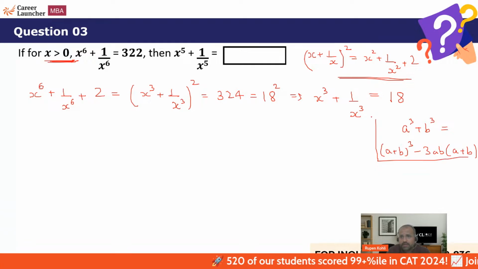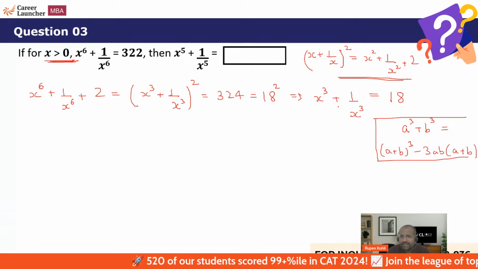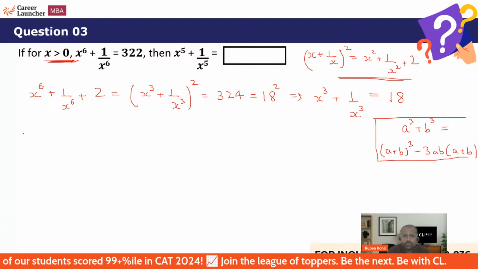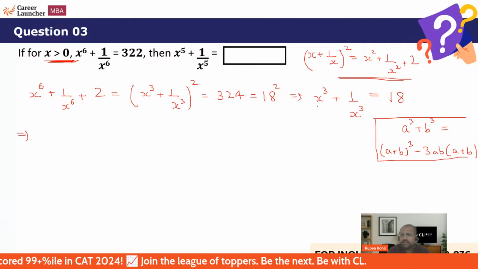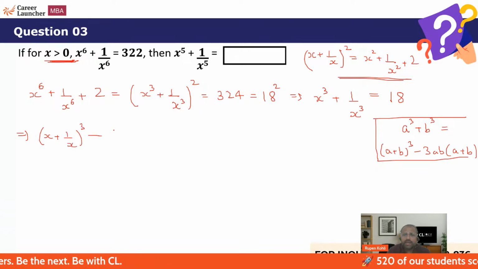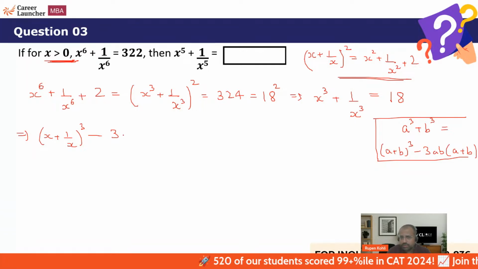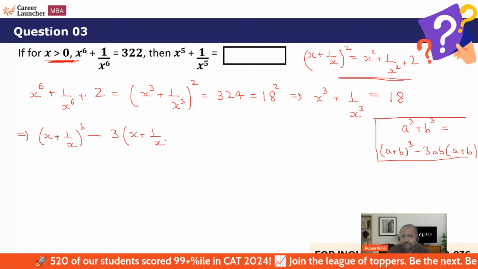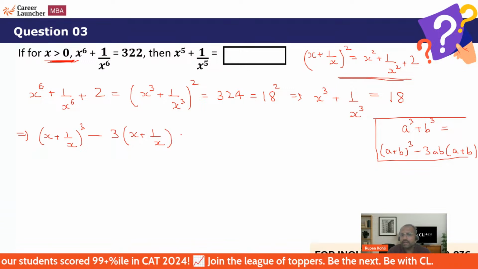Right. Now, let's give this expression in that form. So x cube plus 1 by x cube can be written as x plus 1 by x whole cube minus 3 into x into 1 by x, which is 1. So 3, and then again in the bracket x plus 1 by x, which is equal to 18, right?